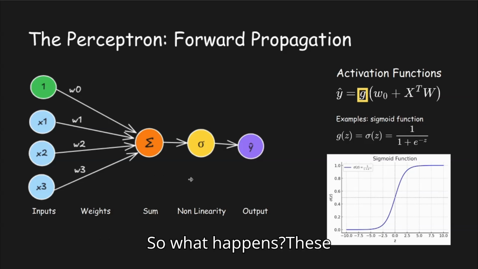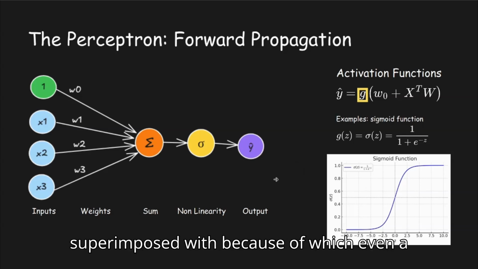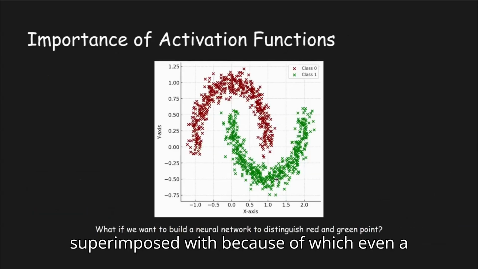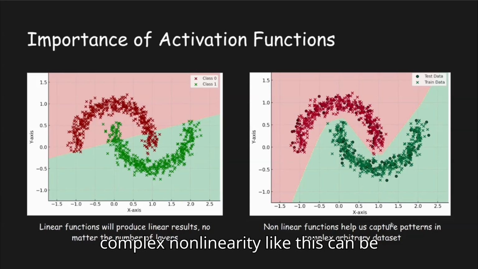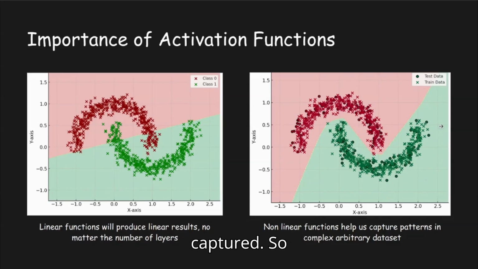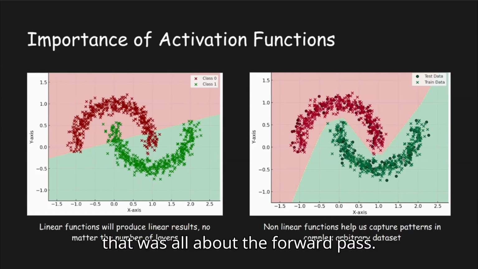What happens is these little activation functions are superimposed, because of which even a complex non-linearity like this can be captured. So that was all about the forward pass.